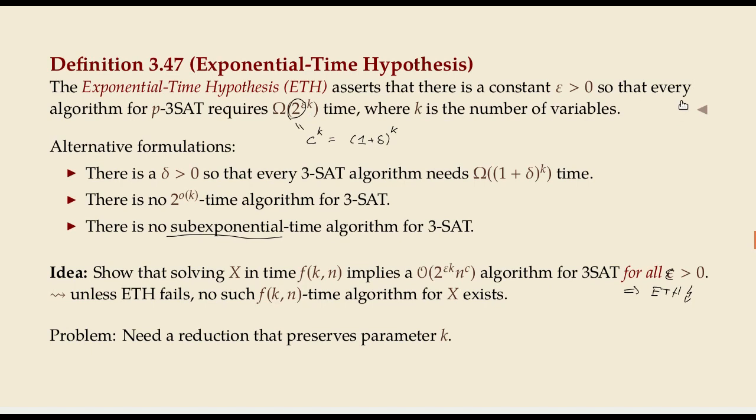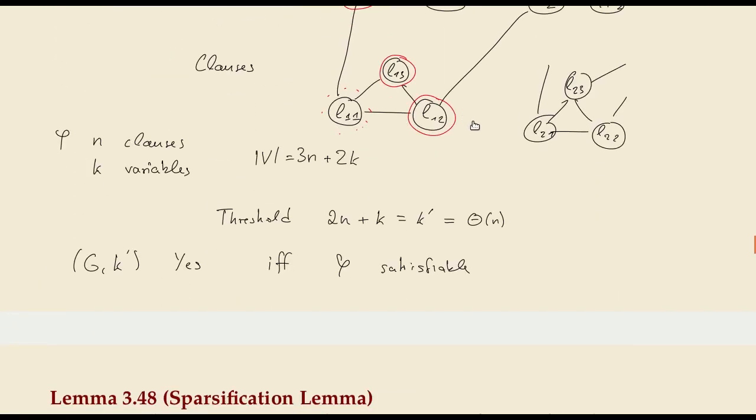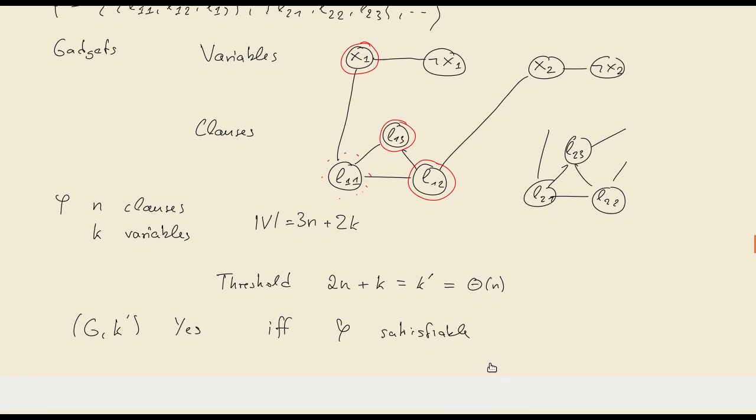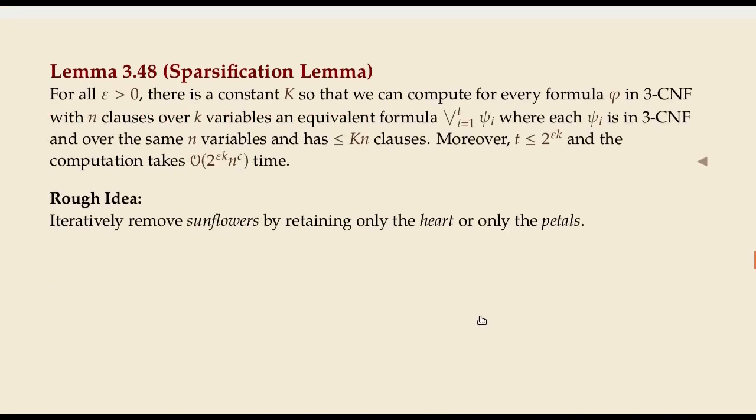So it says there's probably no algorithm that's fast in terms of the number of variables, but the formula might be much larger than this. To make use of this, even though our reduction produces a much larger parameter, we will have to work a bit harder and see if we can strengthen the result given by the exponential time hypothesis.